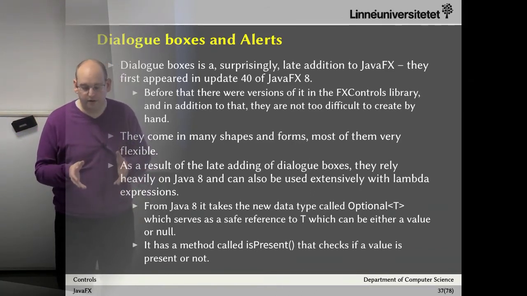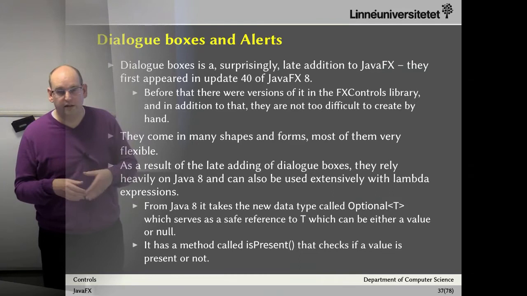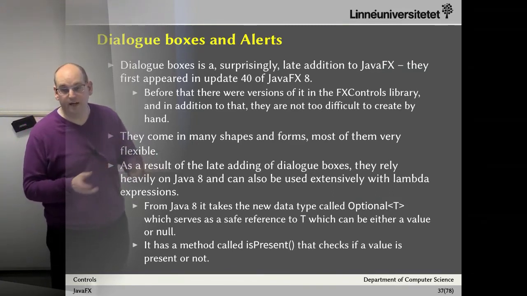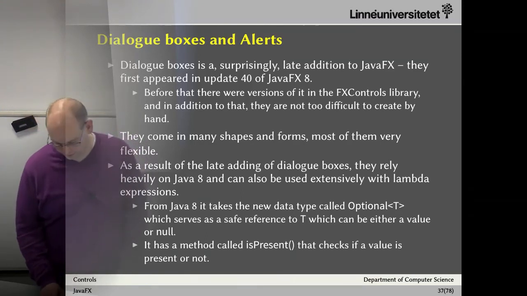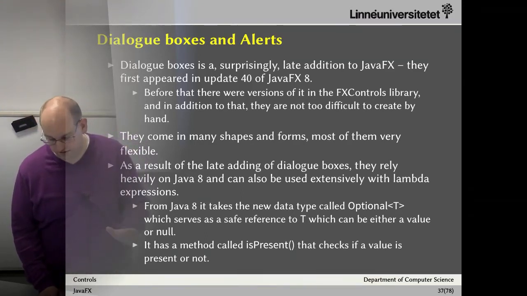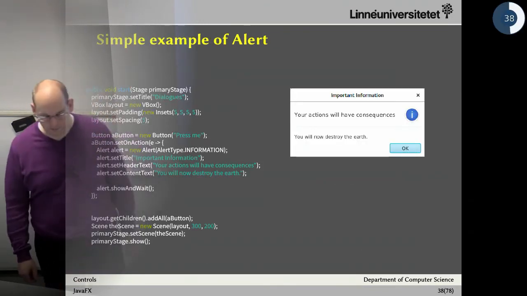And it does that with a method called isPresent, and it says if it has a value or not. But we'll see this when we get to the examples. So it's a bit different from what we've seen before.